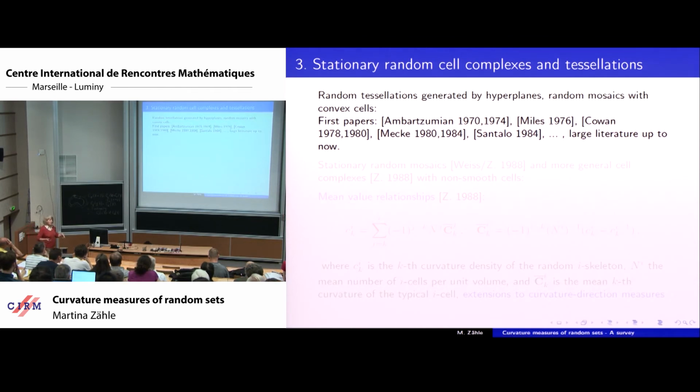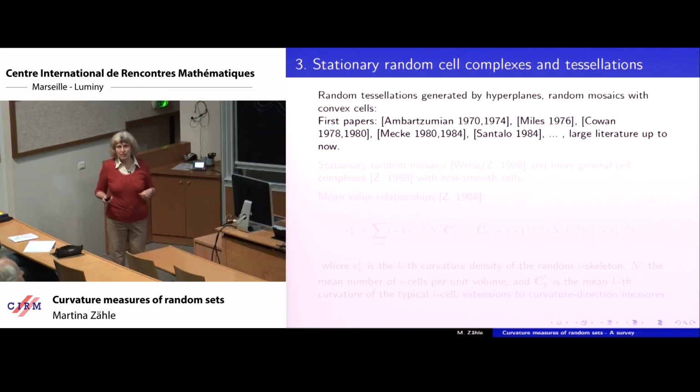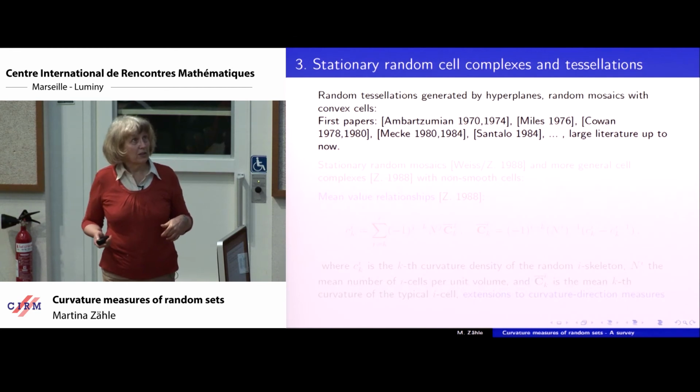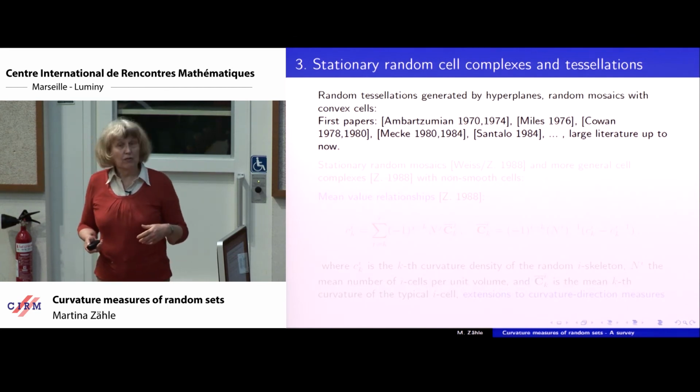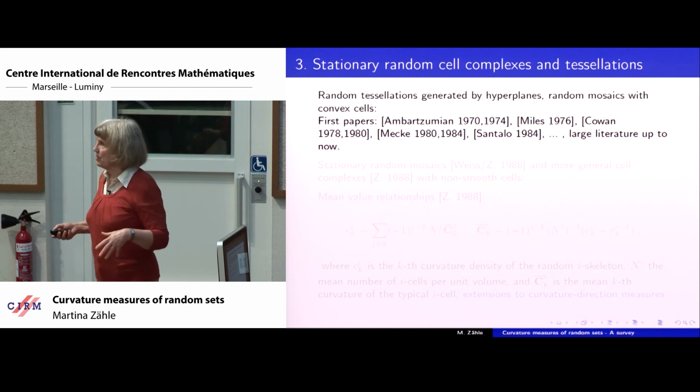We have heard yesterday certain constructions. You have, for instance, Voronoi tessellations, Delaunay tessellations, and so on. There are some first papers in this direction also mentioned here. People always considered convex cells of the tessellations.